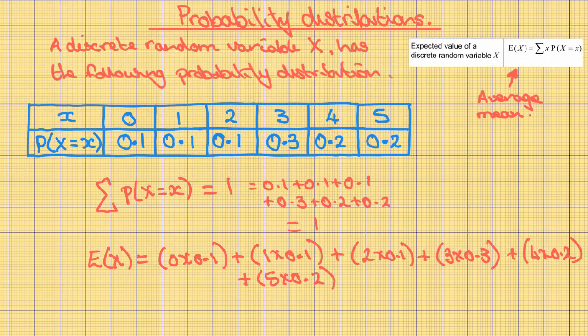So the expected value in this case is equal to 3. So if you chose one student at random, you would expect them to have scored 3.